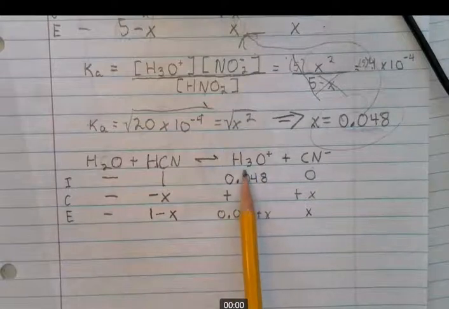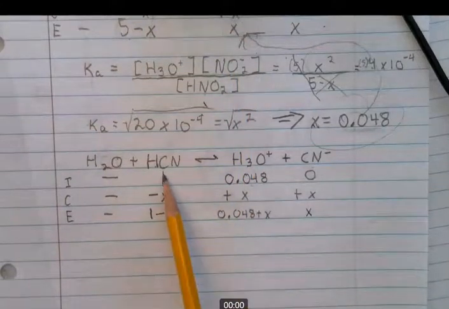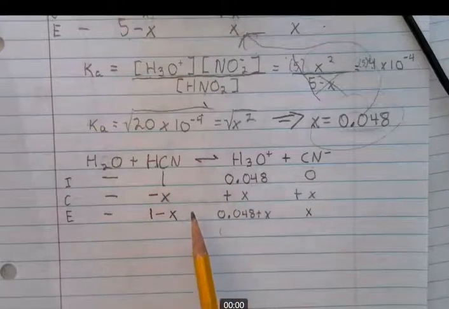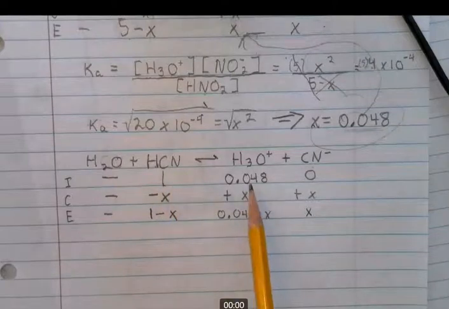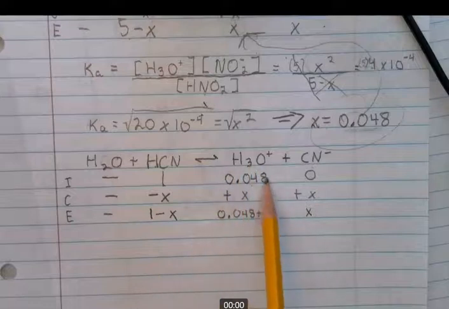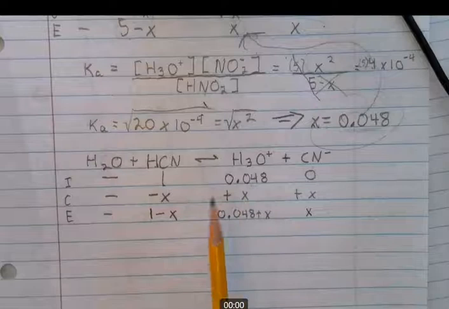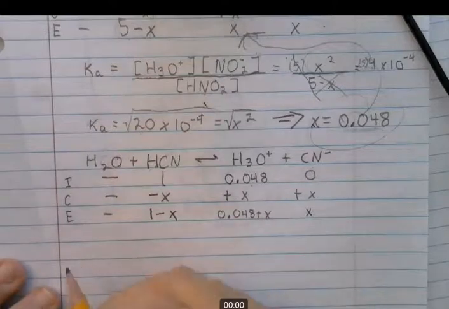If we have more of this product than we had up here, where there was 0, it's going to make the reaction want to go backwards, or to put it another way, it's not going to go forwards quite as much as it would have if we had only put HCN in pure water without an already existing hydronium concentration. So this concentration is going to keep the reaction from wanting to go to the right, from reactants to products, as much as it would have. Okay, let's set up our equation.